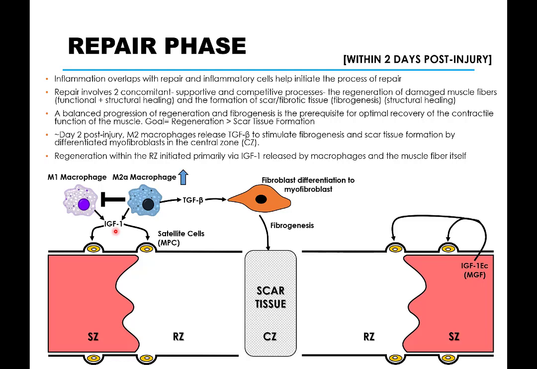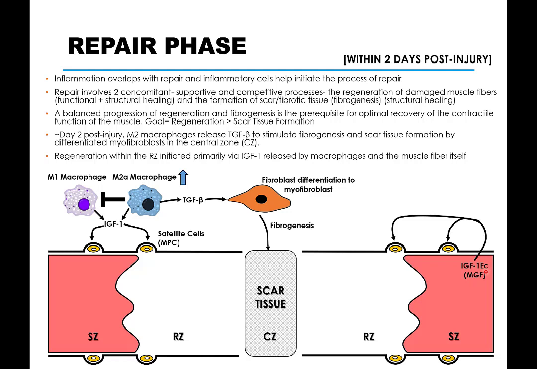There are several sources of IGF-1 during the repair phase. First, the macrophages, both the remaining M1 and the new M2A macrophages, release IGF-1. Also, the muscle fiber itself releases a variant or isoform of IGF-1 called MGF, mechanogrowth factor, also labeled as IGF-1EC isoform.